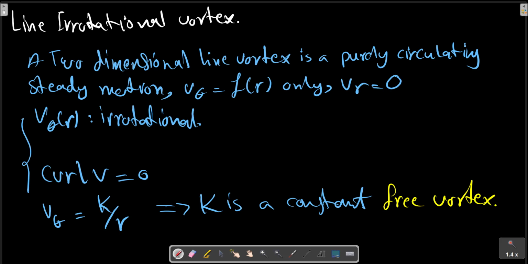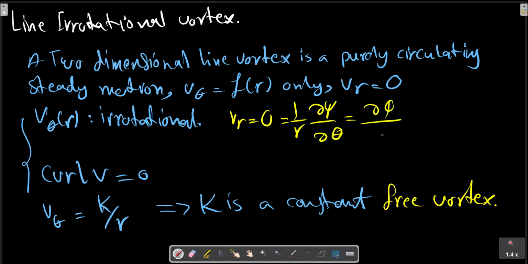For which the stream function and velocity potential may be found from these relations. Vr, as was said, on psi is the opposite of the derivation variable and phi has the same variable derivation, and for theta also we have this relation.